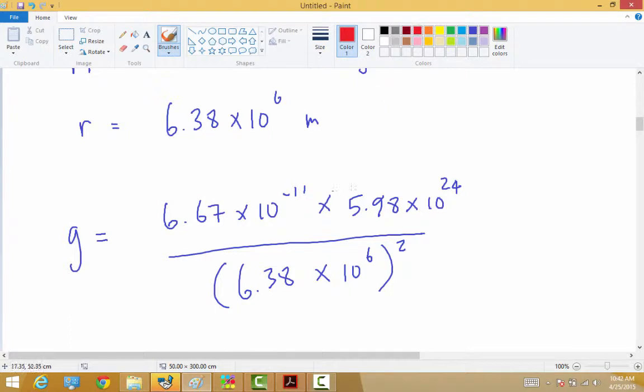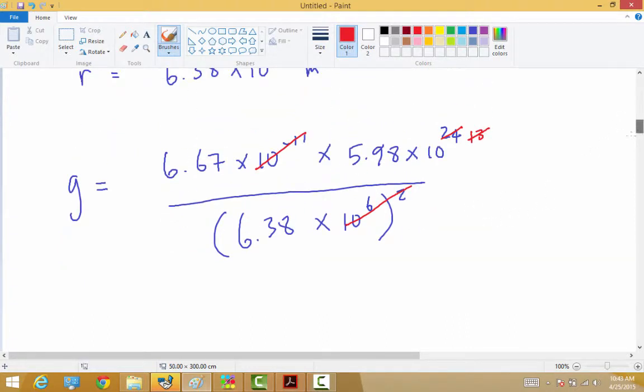Right, we can cancel some things here. 24 minus 11 gives you 13, 10 to the 13, and we have here 10 to the 6 squared, which is 10 to the 12, so that can cancel with this, and we have one more 10 to the 1 left over.